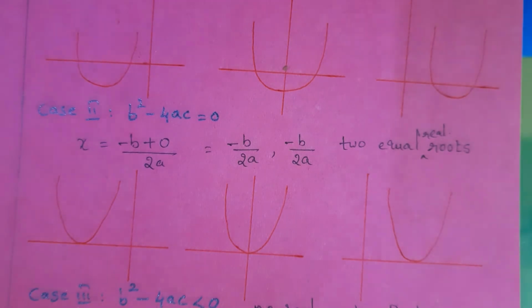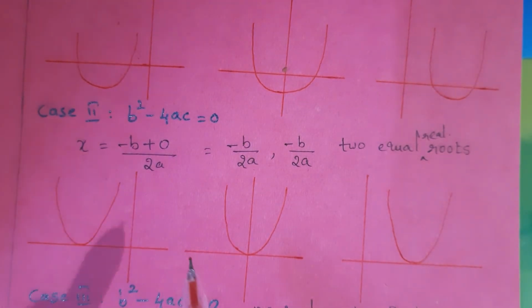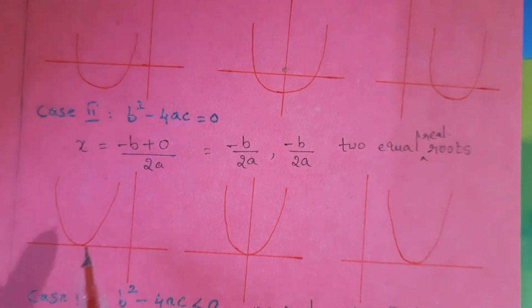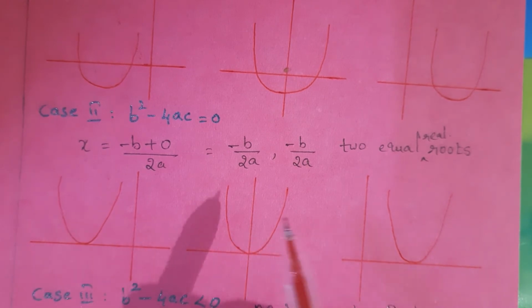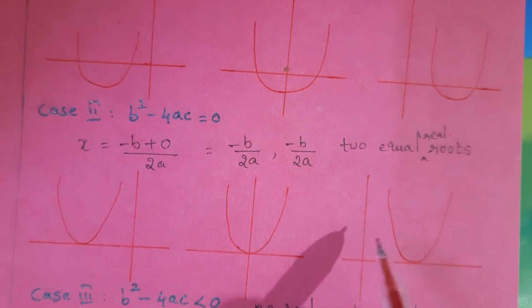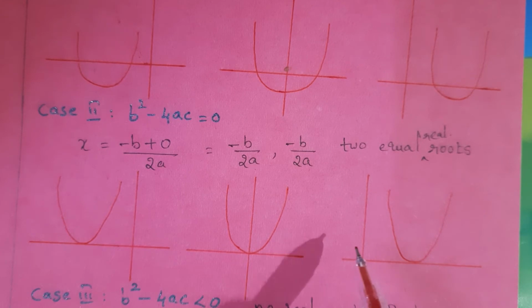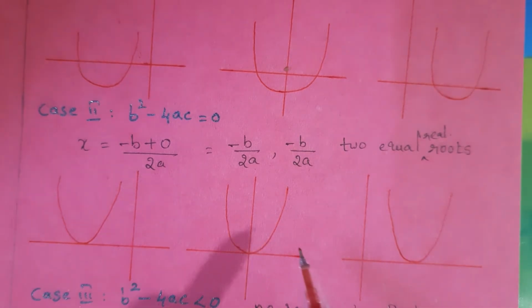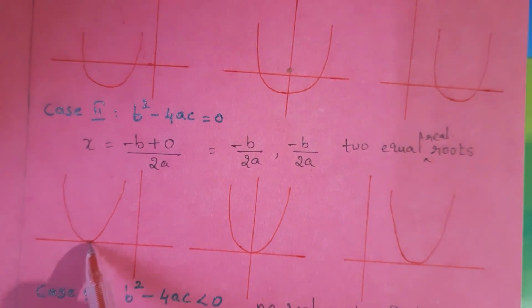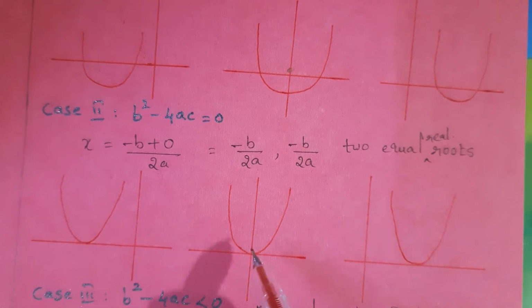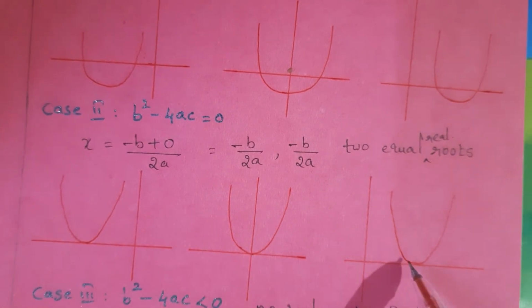Here also, if we draw a graph, the three figures show that the curve of the quadratic equation touches the x-axis at only one point.